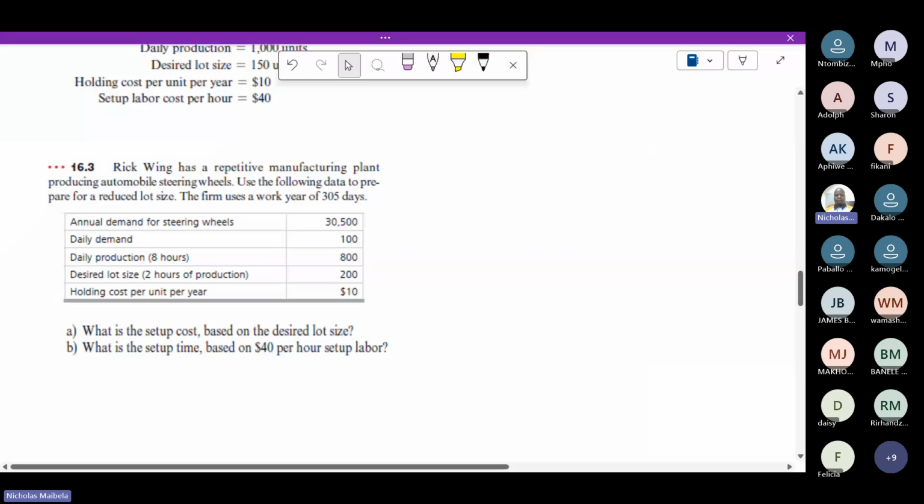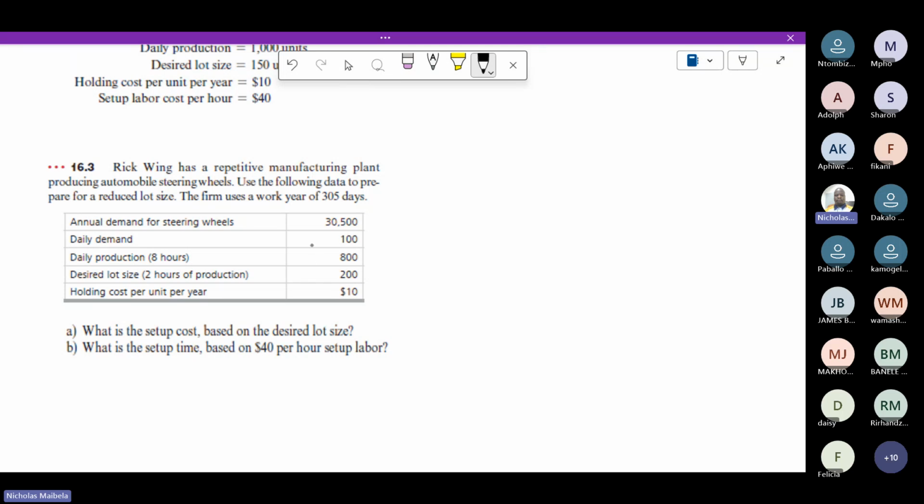Moving right along. This next one has a repetitive manufacturing plant producing automobile steering wheels, using the following data. Prepare for reduced lot size. The firm uses a work year of 305 days.